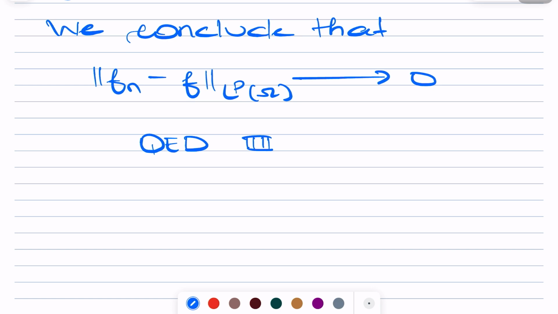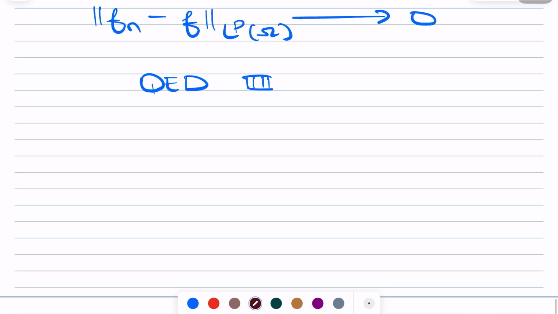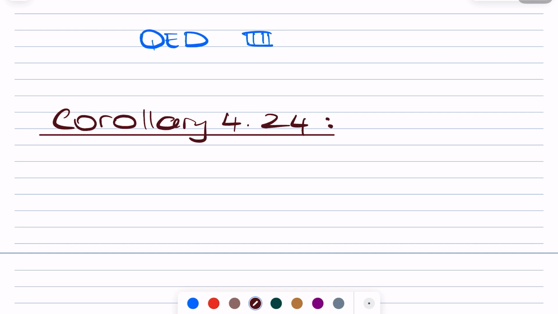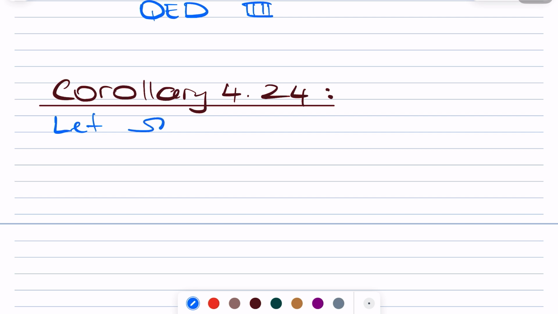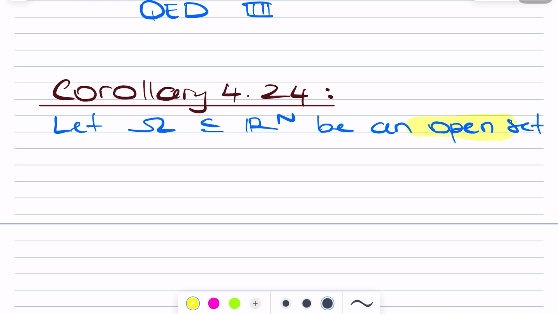Okay, so to finish this lecture, let's have a corollary, which is something known as the fundamental lemma of calculus of variation. This is corollary, I think it was 4.24, something like that. Okay, so let omega included in Rn be an open set. Omega should be open, very important.